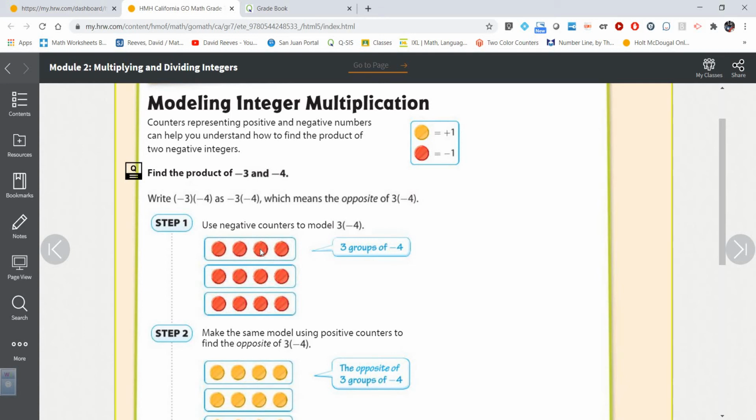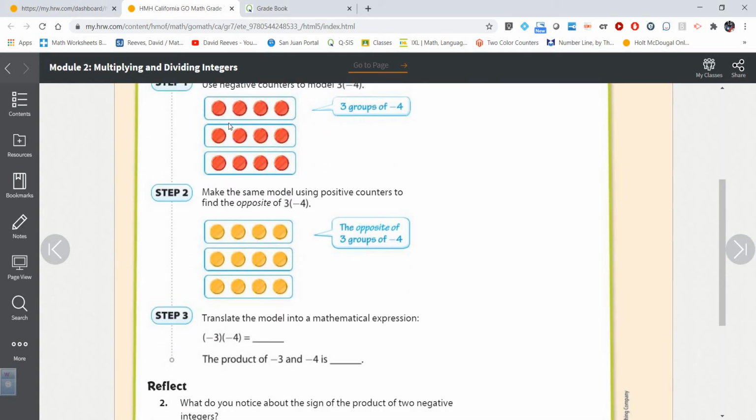This right here would be 1, 2, 3, 4 negatives, so it represents 4 times negative 3. This one would represent 3 times negative 4. My bad, I knew something was off. This one would represent 3 times positive 4.